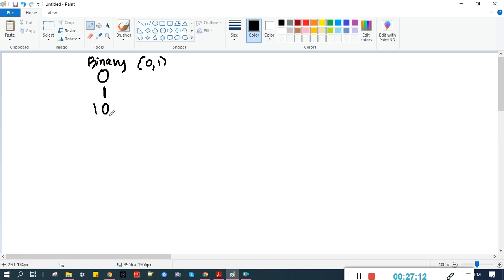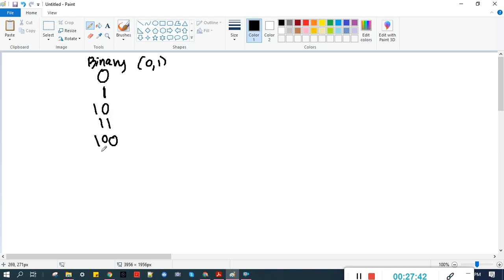Next, we add 1, so 10 plus 1 becomes 11. Next, we can't fill in here anymore because it's already full, so we go to the next digit, and it becomes 1, 0, 0.